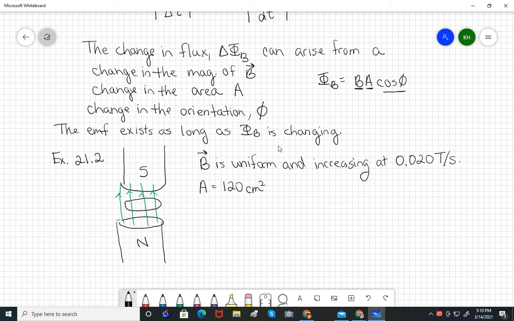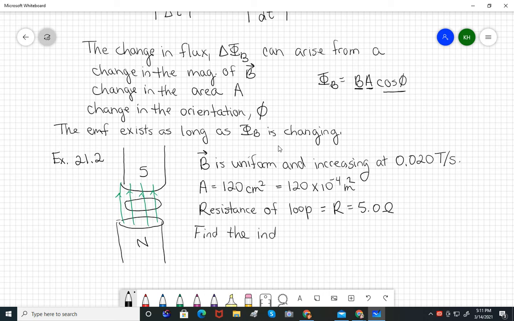So I'm going to change that to 120 times 10 to the negative 4 square meters. And the resistance of the loop, which is our little circuit, it's just a loop of wire, is 5 ohms. The problem wants us to find the induced EMF and current.